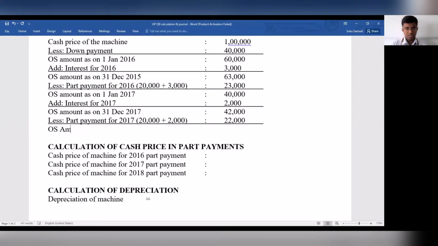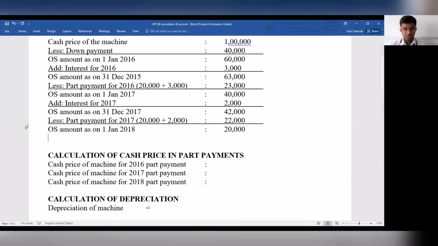The outstanding amount as on 1st Jan 2018 is 20,000. To this, let us add the interest for 2018, which works out to be 1,000.